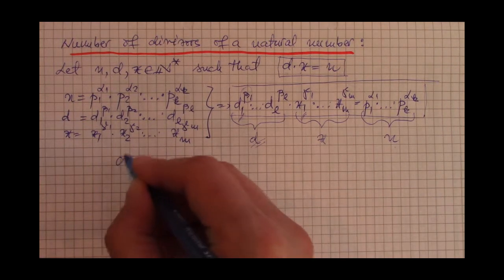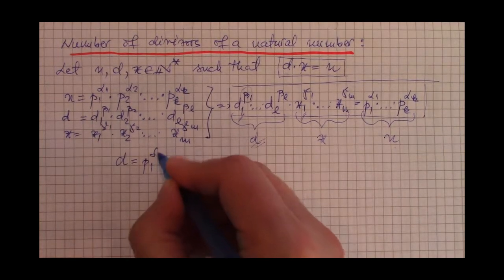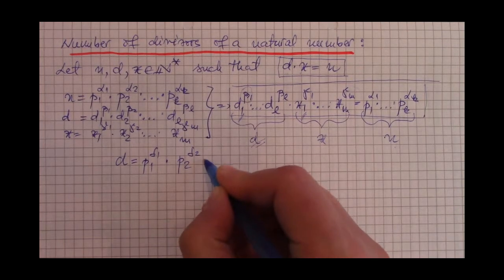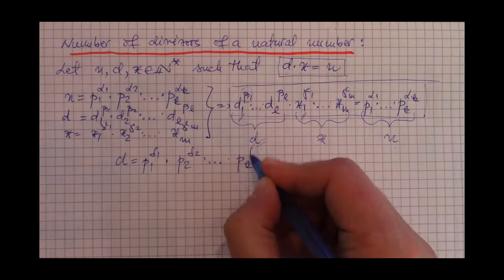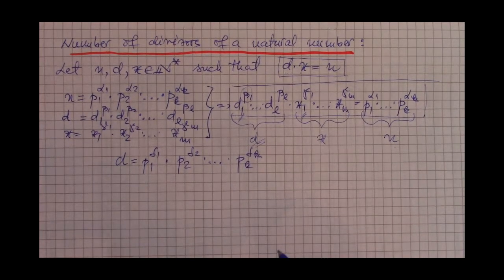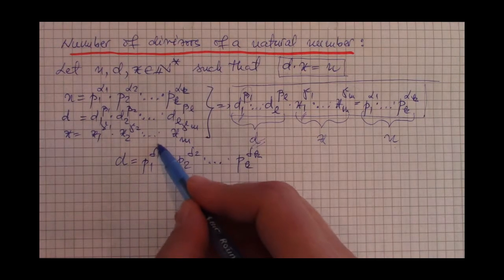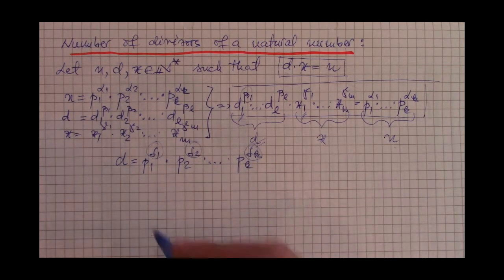We can write d as p1 to the power delta 1 times p2 to the power of delta 2 times all the way to pk to the power of delta k. Now I'm not saying that this is the prime factor decomposition of d, because it could be the case that some of these deltas are 0.